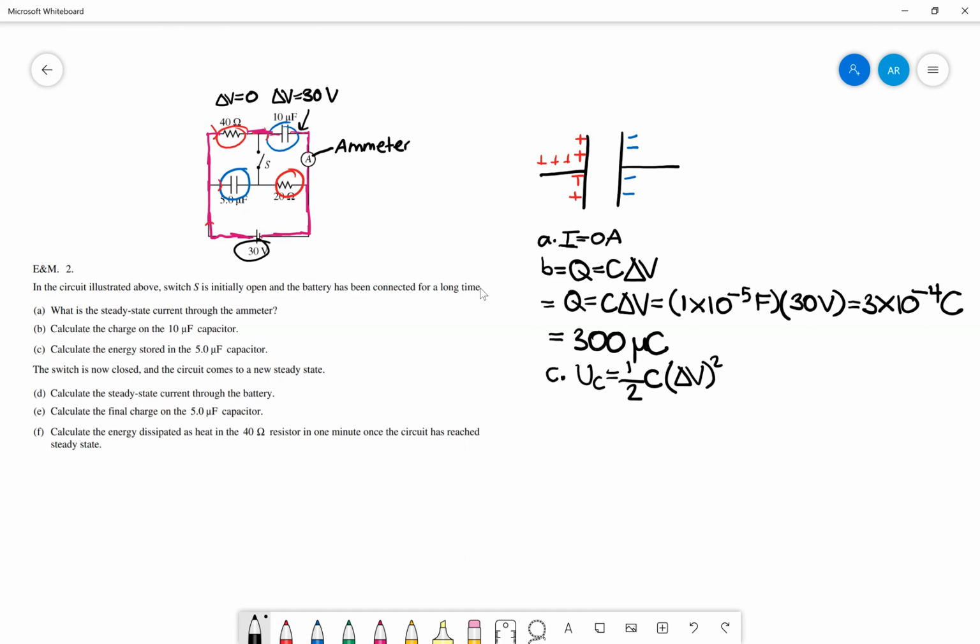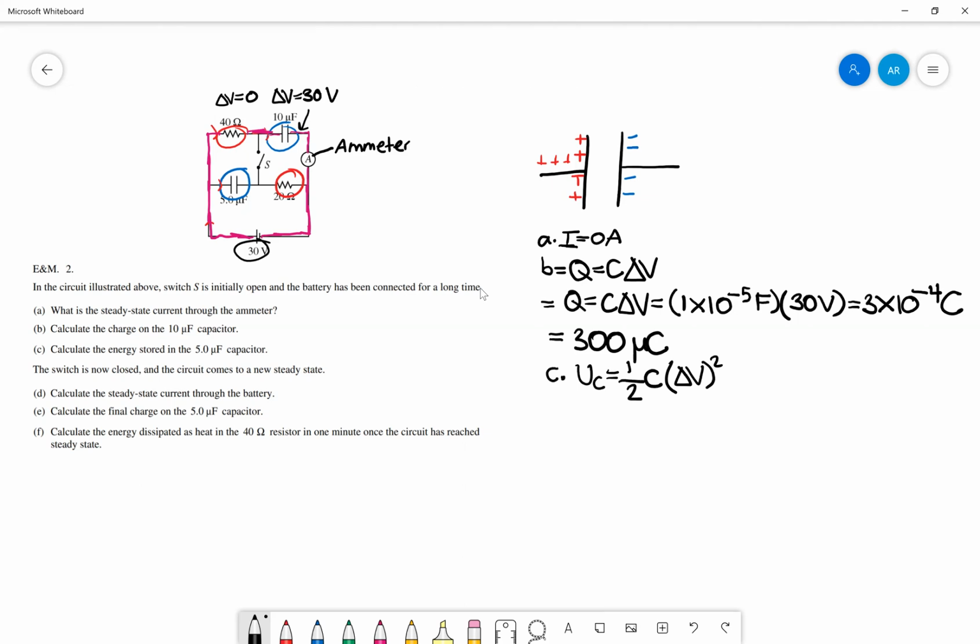Now, U_C equals 1/2 C times the voltage squared. We know C. C is given as 5 microfarads. But what is our voltage?